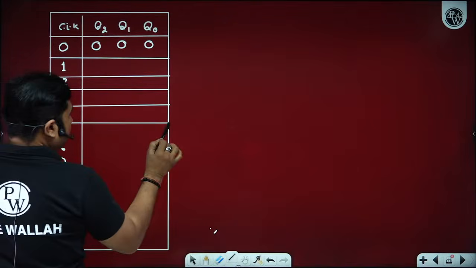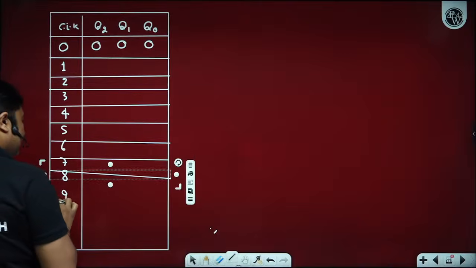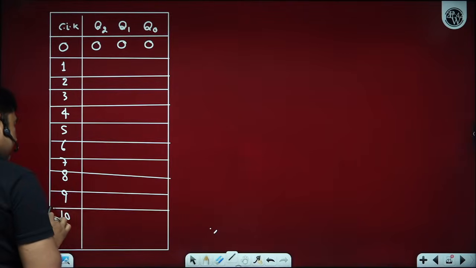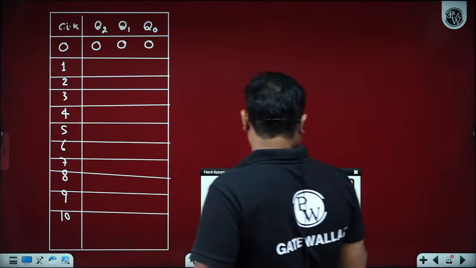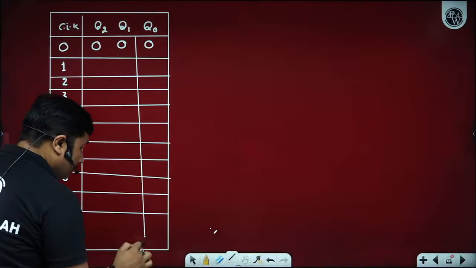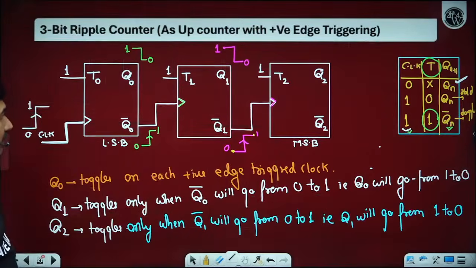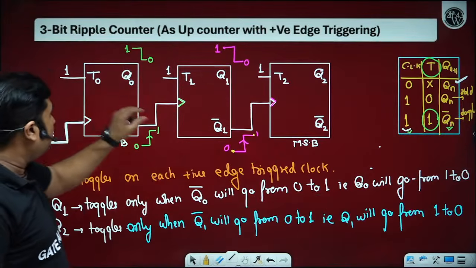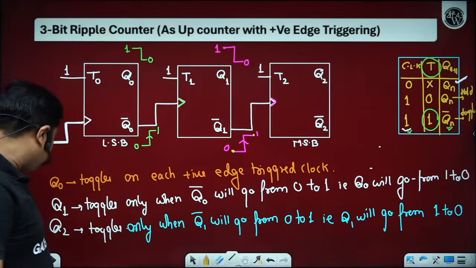Okay? Yes, sir. These clock pulse numberings are in terms of the base clock pulse, which is applied only on one flip-flop, and that will act as the least significant bit. We have observed that Q0 toggles on every positive edge triggered clock pulse.